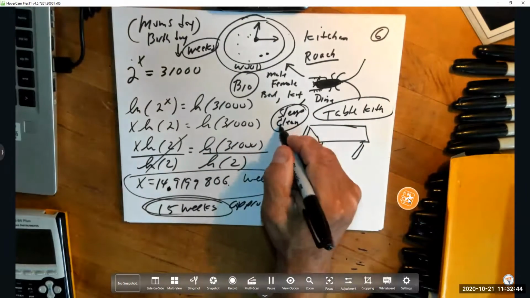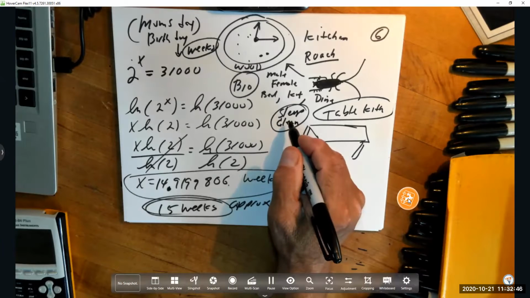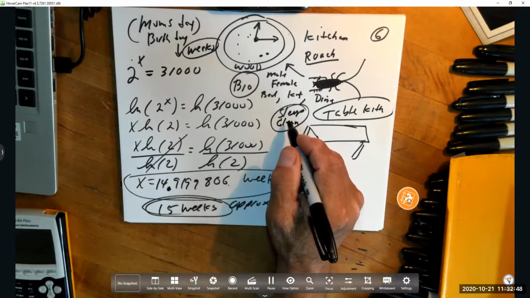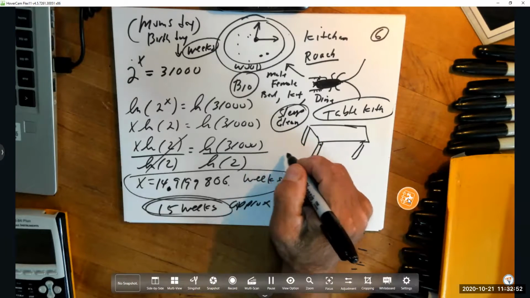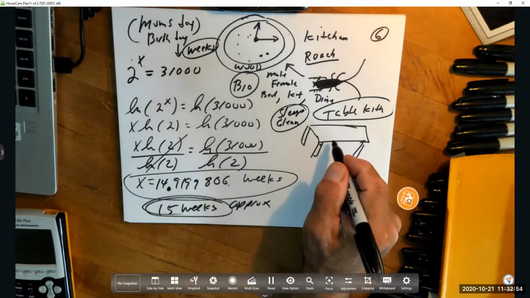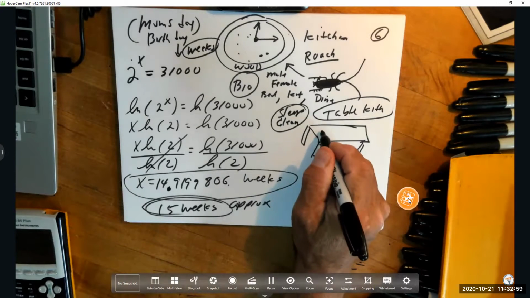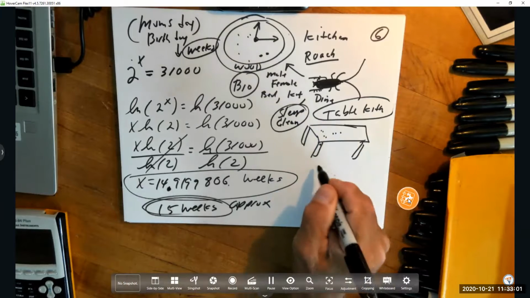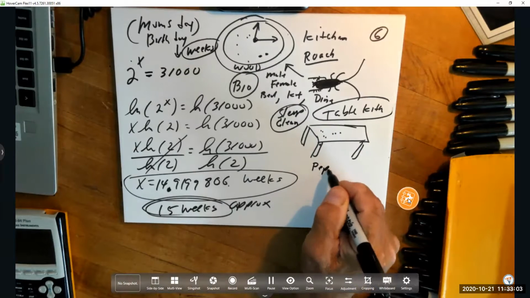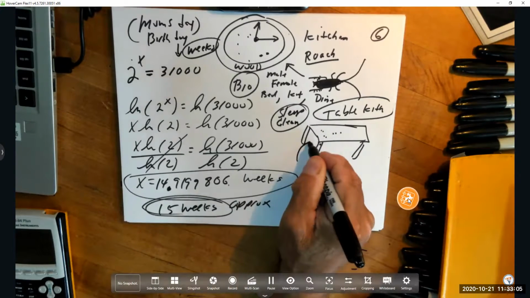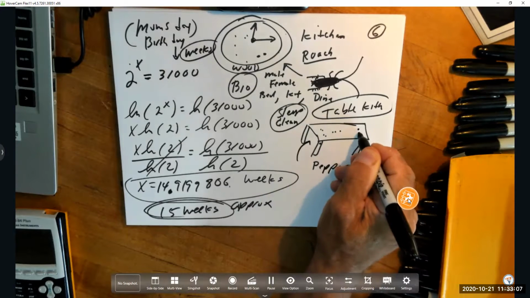Then you put the dishes away. Everything's done. Then you go to sleep. But in the morning, when you wake up and you look at the table, you say, "What is this?" And you see, and I'll just write this, little pieces of pepper on your table.